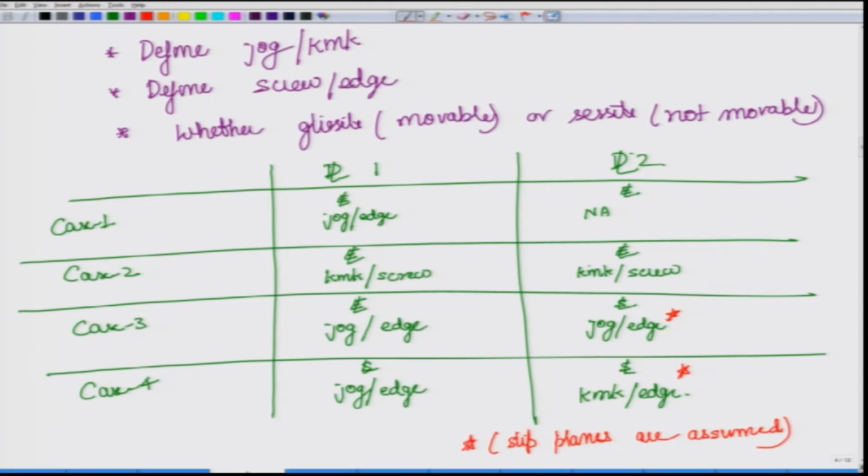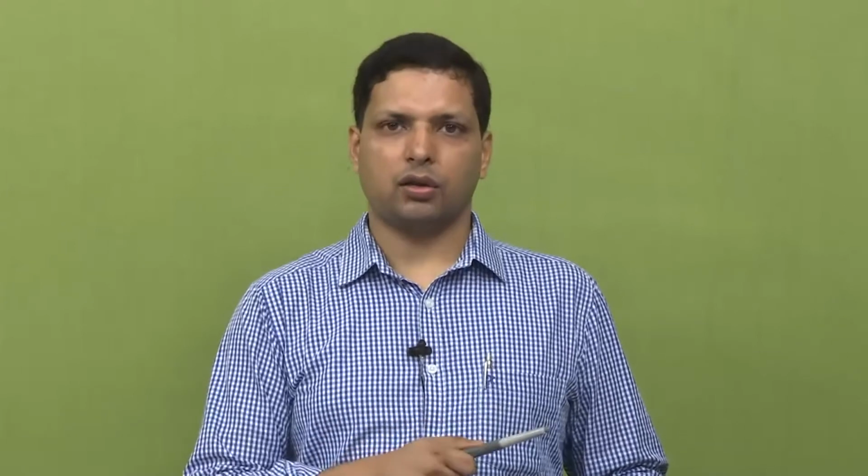Okay. So, now the next question is whether glissile or sessile. If you remember from our discussion, the steps that are formed, whether the kink or jog in an edge dislocation, are always glissile. In a screw dislocation, one type of step is glissile, the other type of step is not glissile, or what is called sessile, not movable.